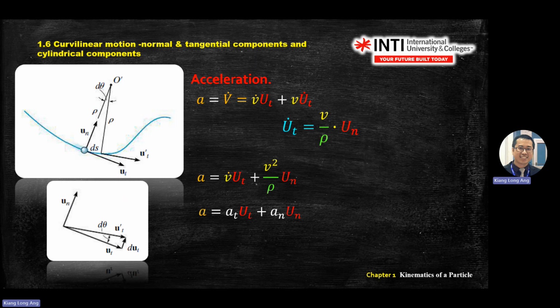Tell yourself what is AT, what is AN. Then substitute value only. There's nothing, the procedure is fixed already. Now, the rest is the same.